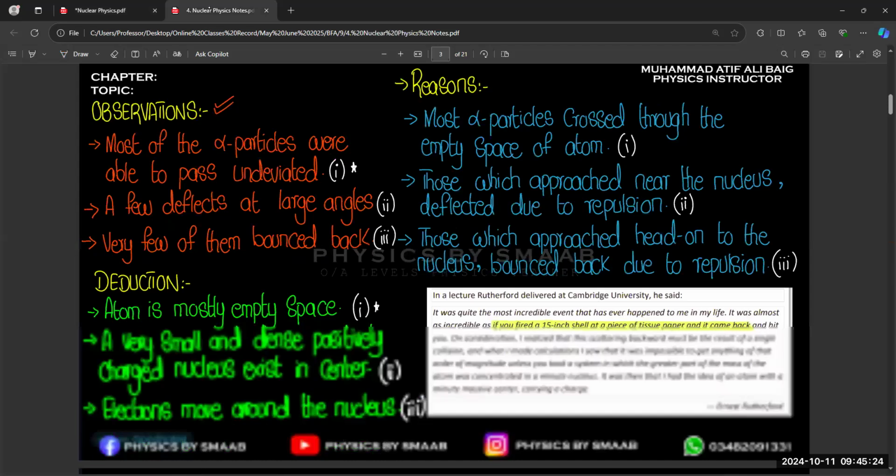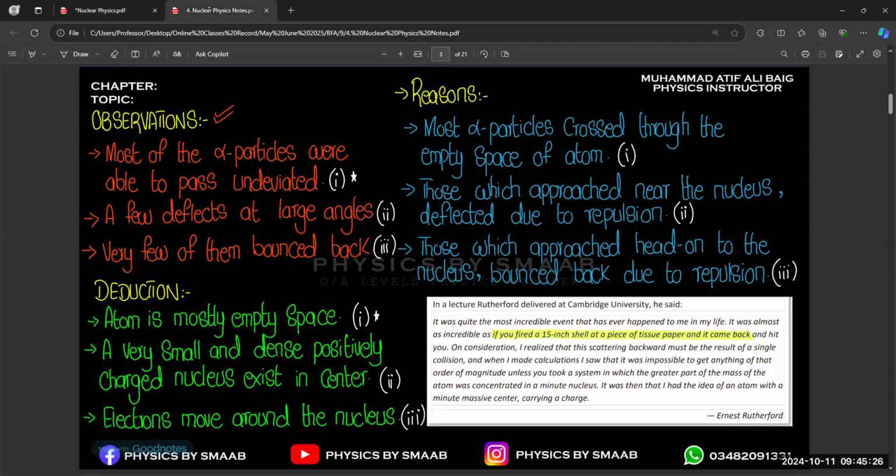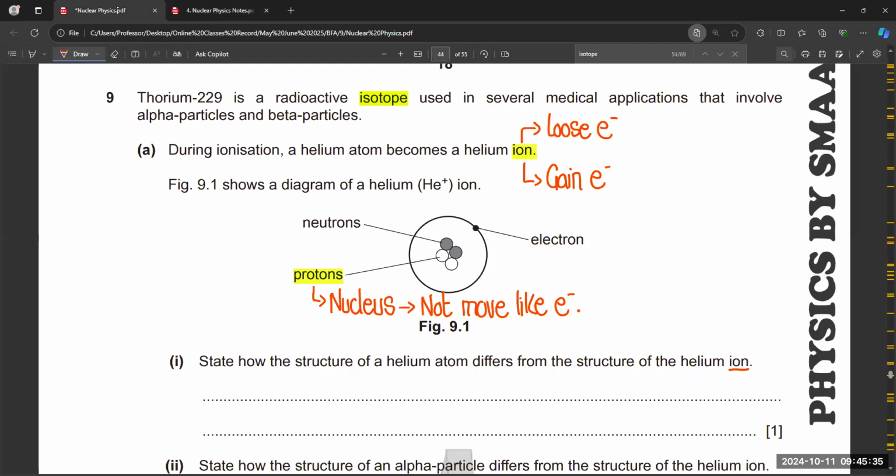It is mentioned in the Rutherford experiment that electrons move around the nucleus. So whenever we talk about electrons and protons, only electrons can move from their position. Protons are not able to move because they are in the nucleus. They make the base of an atom, right? And if you move a proton from there, it means you are breaking down the base of an atom. I am repeating again: this is the basic idea.